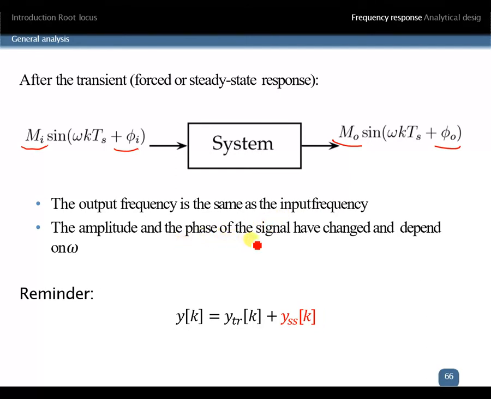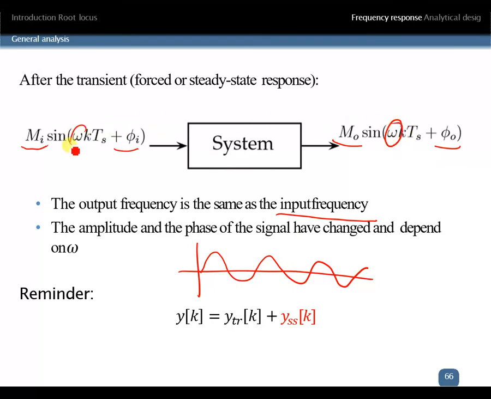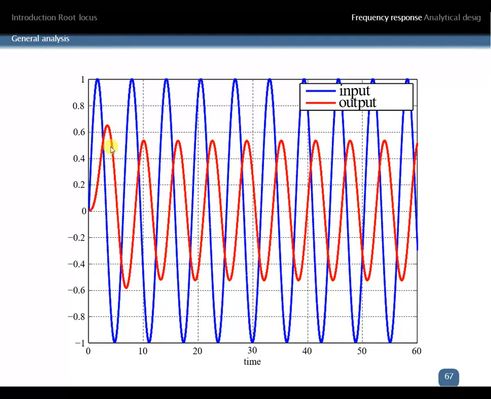The amplitude and phase of the signal change and depend on omega. Okay, this one we saw in E312. If you see, the phase will shift, but the frequency is all the time the same. For example, if this is the input, the output can shift forward and backward, the magnitude can increase or decrease, but the frequency of the system, that means the omega in the input and output, is the same.